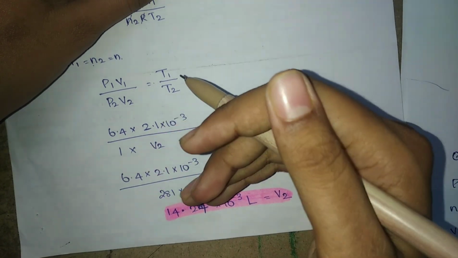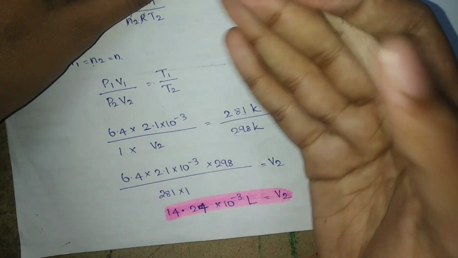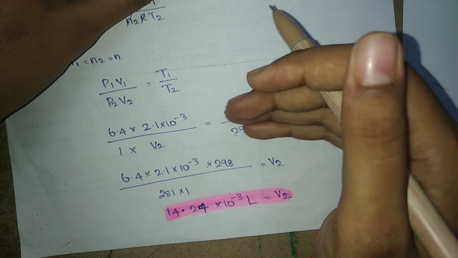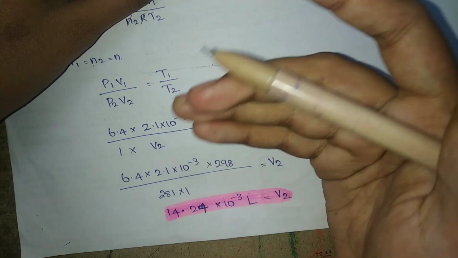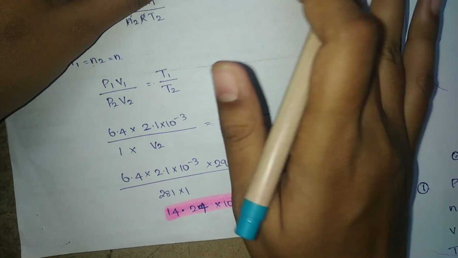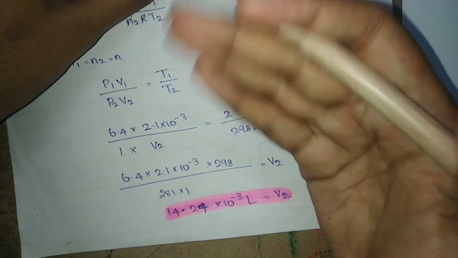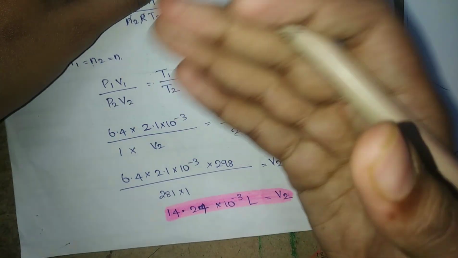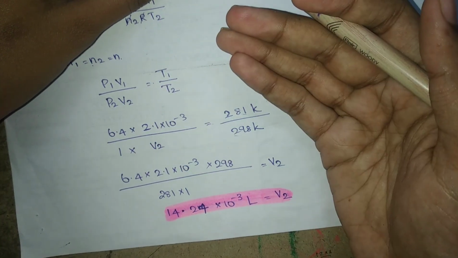The temperature at the bottom and the temperature at the surface are not the same. At the same time, the pressure at the bottom and the pressure at the surface of the lake are also not the same. So due to the change in pressure and temperature from bottom to surface, the volume will also change.